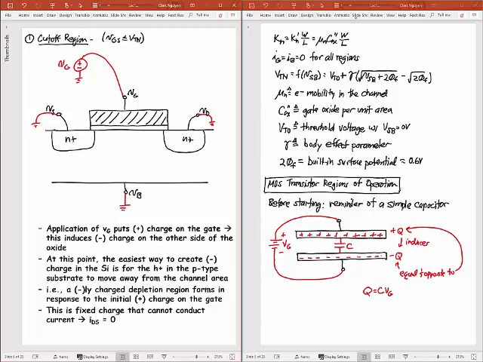What happens to this? If I think of this as a DC condition, then this current, I sub G, has to be equal to 0. So in this case, no DC current flows into a capacitor.